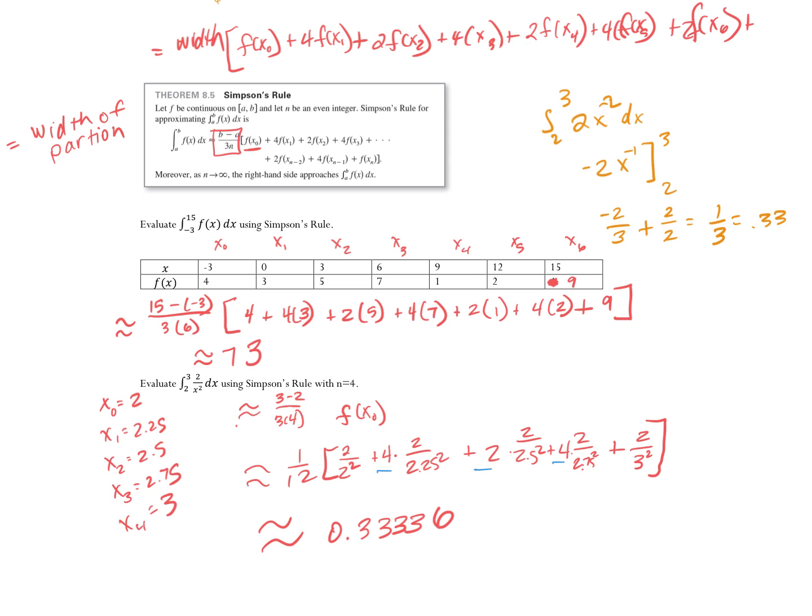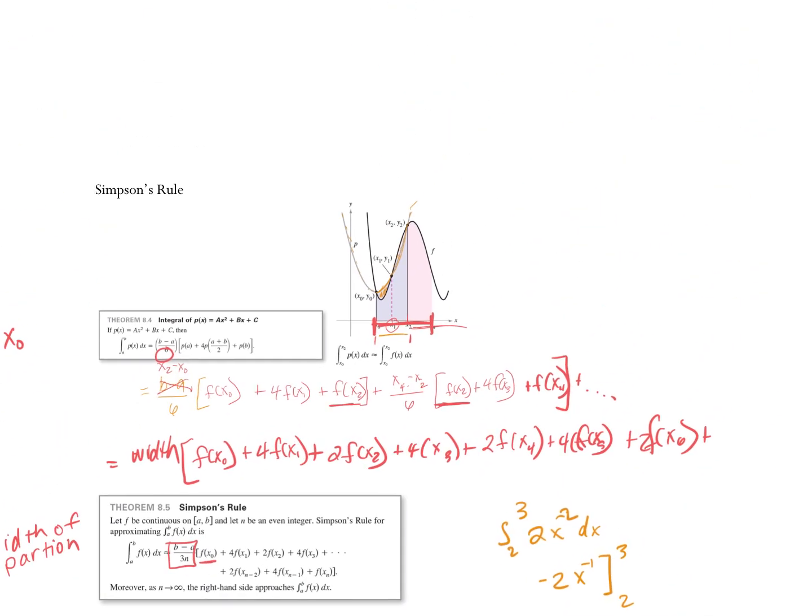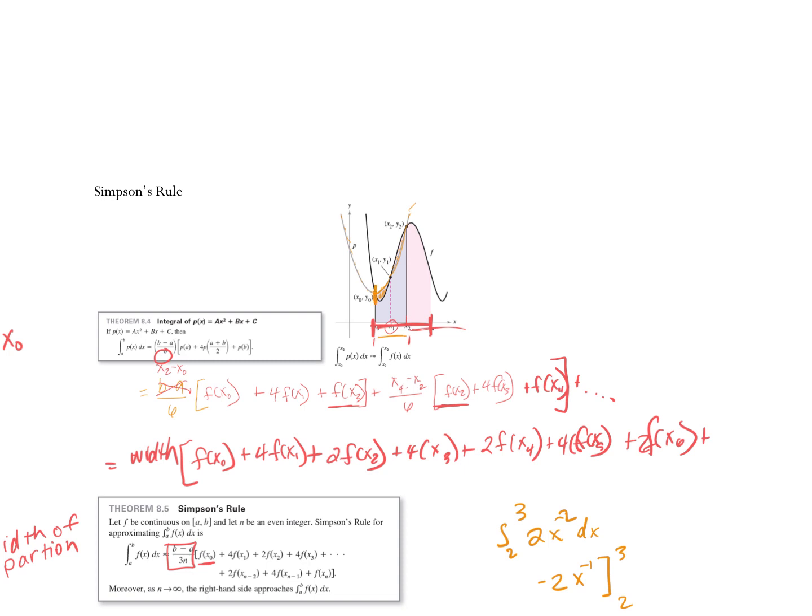I have a question. Why do we multiply the coefficient by 2? Because when we're doing this parabola, it goes from x0 to x2, so it's 2 partitions.